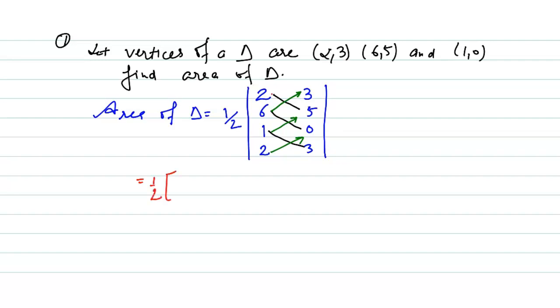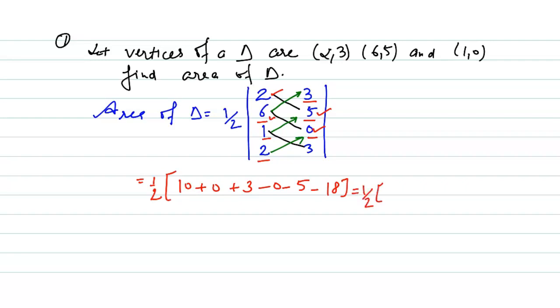Downside, the first pair becomes 2 with 5, so the product becomes 10. Then 0. The next product becomes 3. Now upside: 2 with 0 is 0. 1 with 5 becomes 5. Next, 6 with 3: 6 3s are 18.